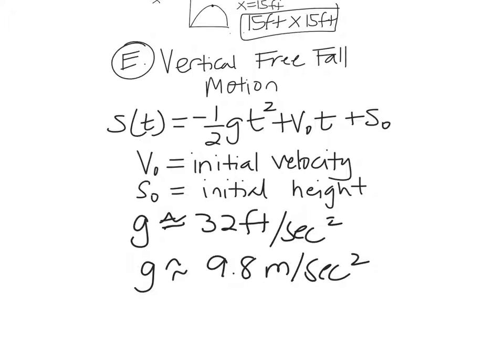G is the acceleration due to gravity. T is time in seconds. And s of t is the height.